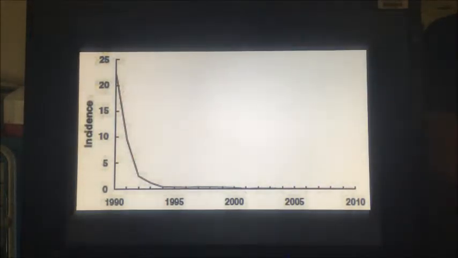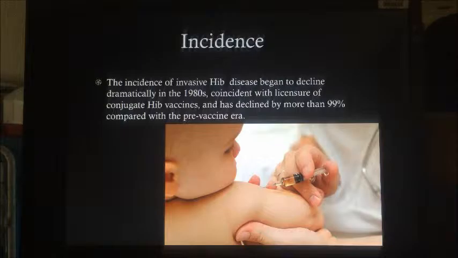As you can see, the vaccination was developed in the mid-1980s, and as soon as it was developed, the disease dropped dramatically. In fact, the incidence of the disease has declined more than 99% compared to before the vaccination, as this slide is showing us.